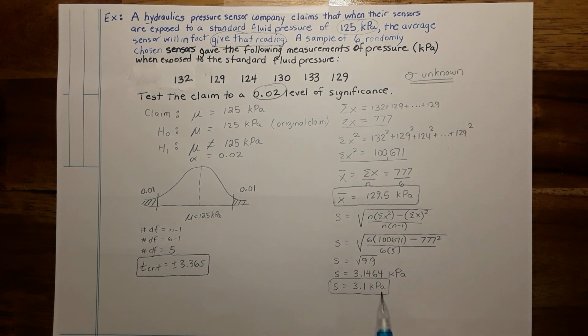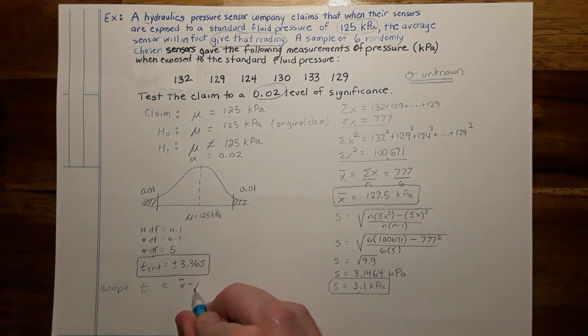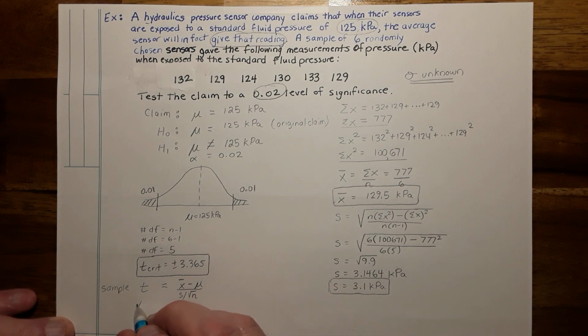When we do our calculation for the T-score for the sample, it is the sample mean minus the claimed mean, over the standard deviation of the sample over the root of the sample size. This gives us 129.5 minus 125, over 3.1464, divided by root 6.